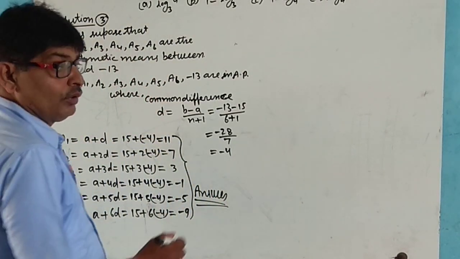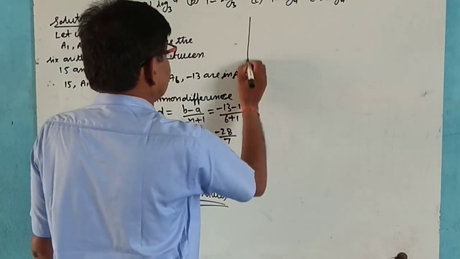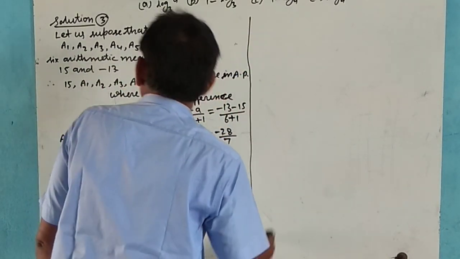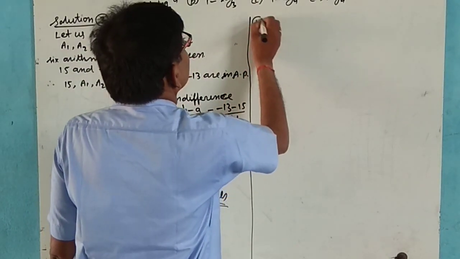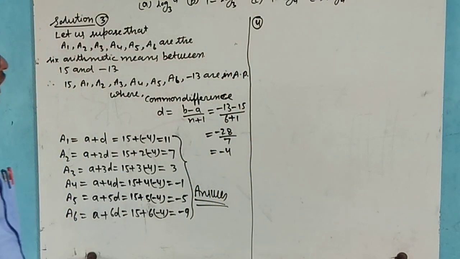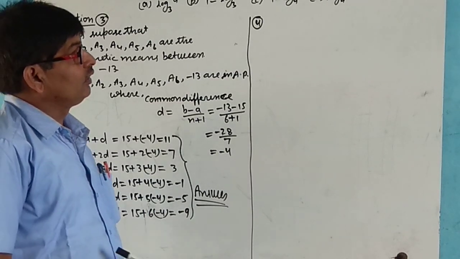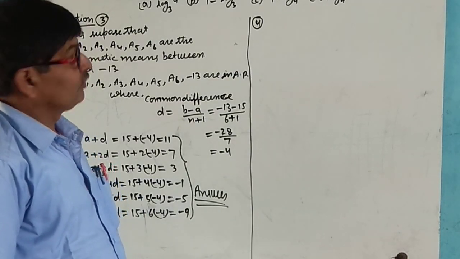Now, fourth problem here. There are n arithmetic means between 3 and 17.